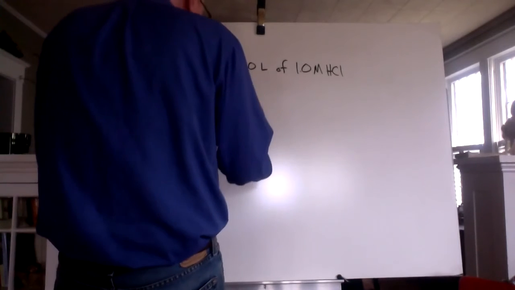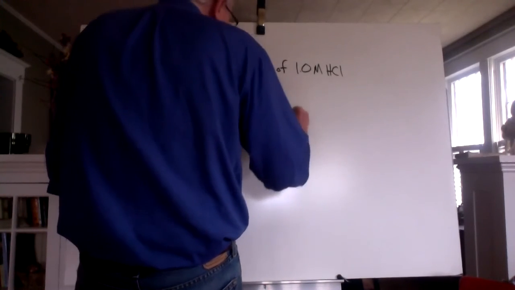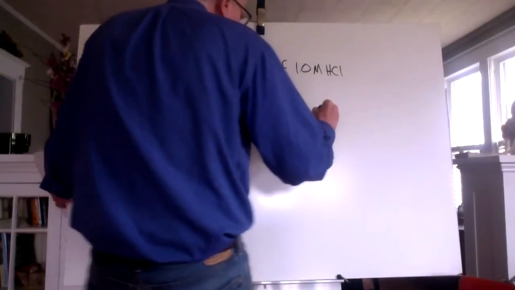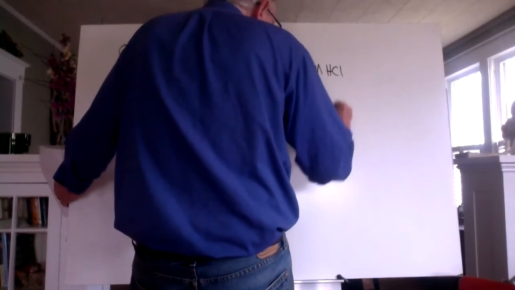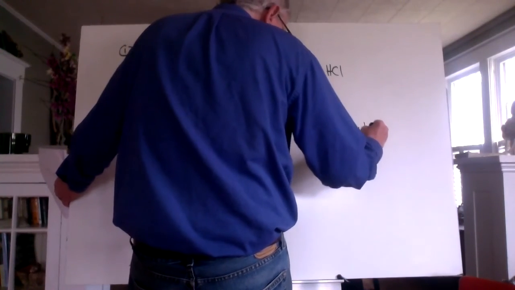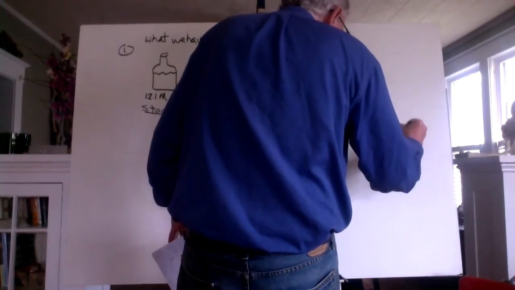And that is the molarity of the stock times the volume of the stock solution will always be equal to the molarity of the sample you're wanting to create times the volume of that sample you're wanting to create.